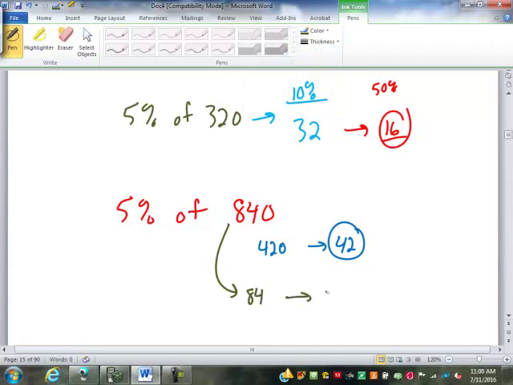Half of that is 42. It's really a matter of what's easiest in your head. Either way, you're combining 10% and 50%. It's 1/10 of 50% or it's 1/2 of 10%, either way. Now I notice that the 5% is trickier to do. I openly admit that.